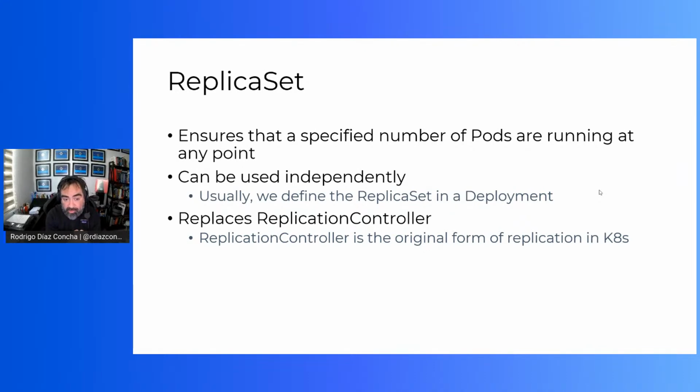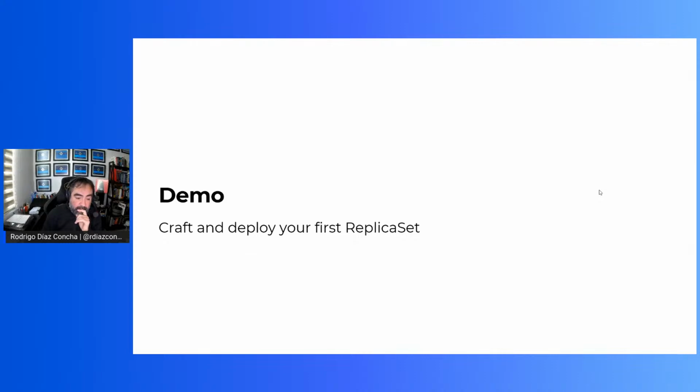I think this is the way to go nowadays. But of course, if you open a book about Kubernetes, an old one, or a video or a blog post, and it's maybe 3 years old or older than that, then you can see the replication controller being mentioned. However, ReplicaSet is the way to go, okay?